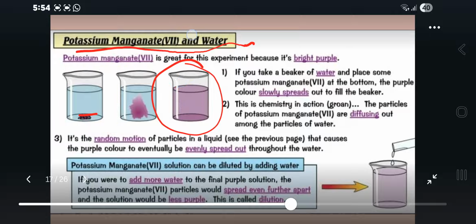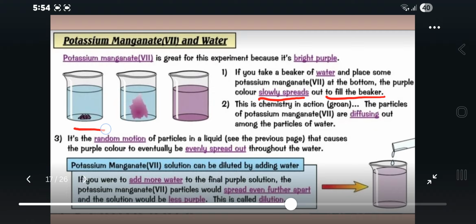You pour some of this, and then it slowly spreads out to fill the beaker. See, first it is like this, then like this, then like this. There are 3 steps. Now this is chemistry in action.